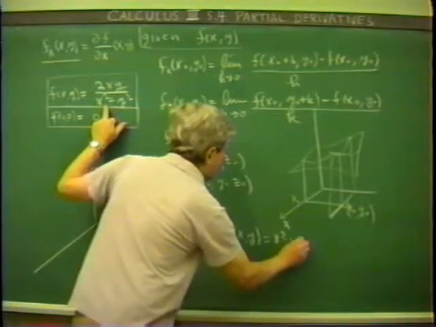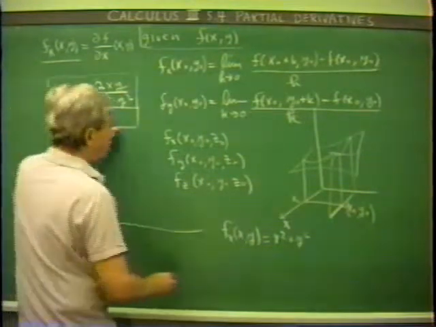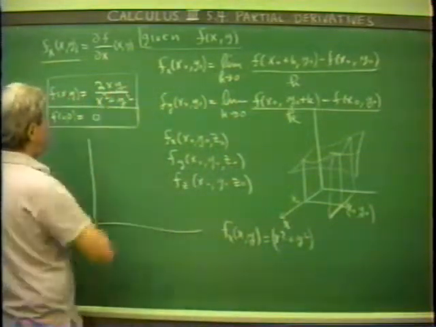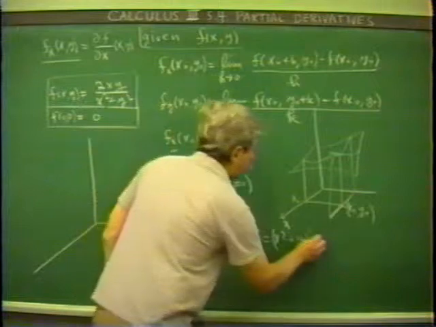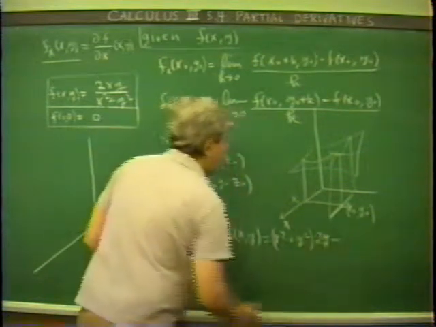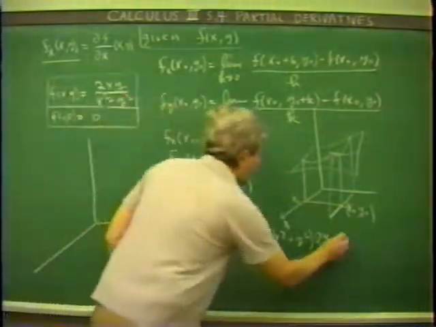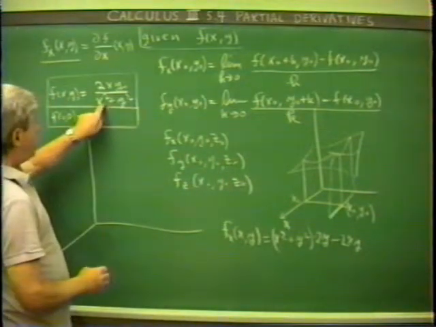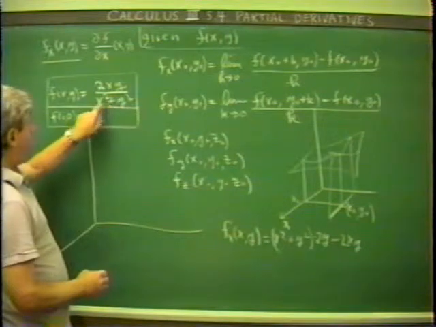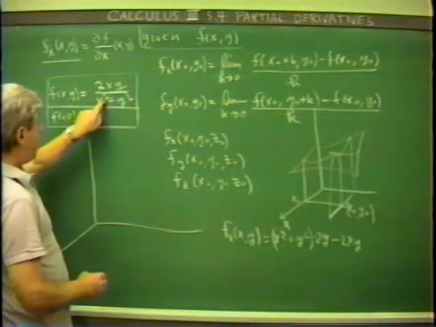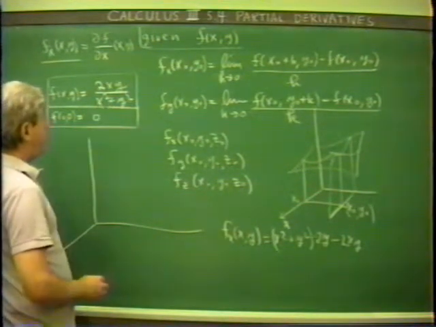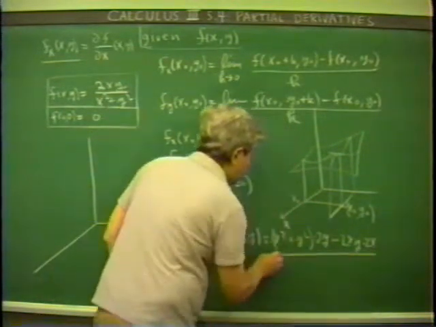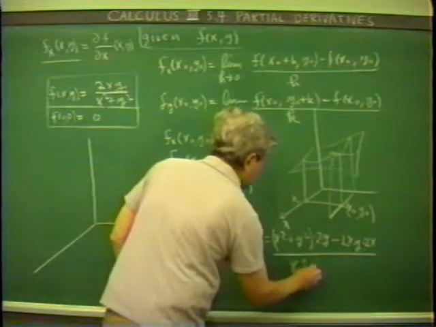So we get the denominator, x squared plus y squared, times the derivative of the numerator, fixing y, differentiating with respect to x. So that's going to be 2 times 2y minus the numerator, 2xy, times the derivative of the denominator with respect to x, fixing y. So the derivative of x squared is 2x, and the derivative of y squared is 0. So we get times 2x over the denominator squared.